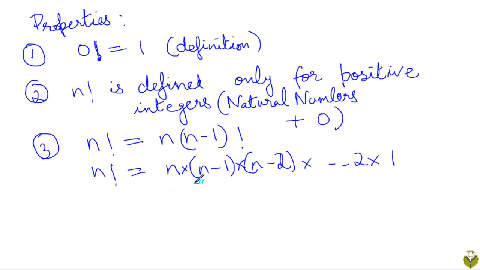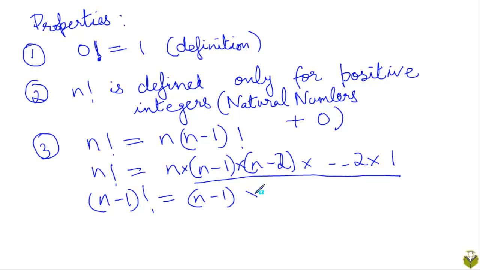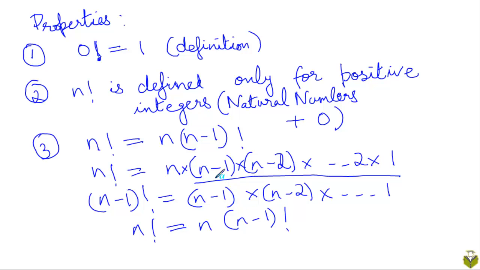Just look at the term after n. n minus 1 factorial will start from n minus 1 and go n minus 2 till 1. So it's very clear that n factorial is n multiplied by n minus 1 factorial, because this term is the same as n minus 1 factorial. This is an important thing to know.